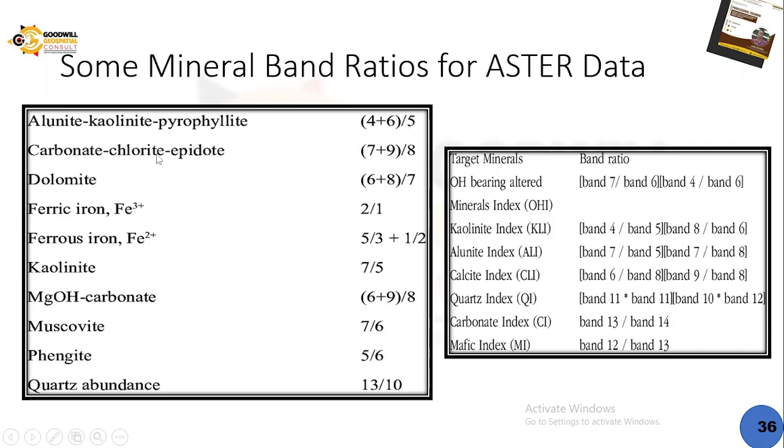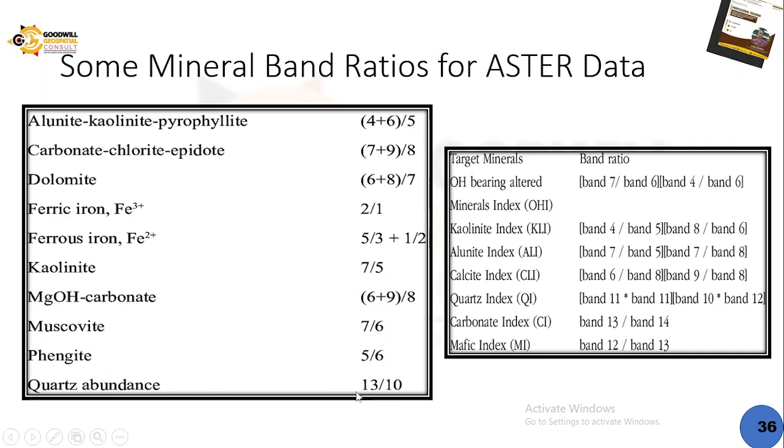Then carbonate, chlorite and epidotes is band 7 plus band 9 all over band 8. Muscovite is band 7 over band 6, then ferrous iron is band 5 over band 6. If we want to map the abundance of quartz, that's what we call the quartz index. In the ASTER data, we use band 13 over band 10.